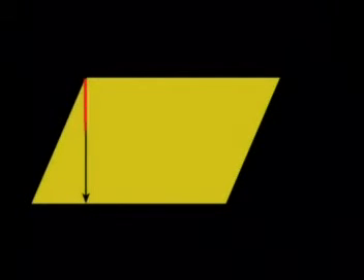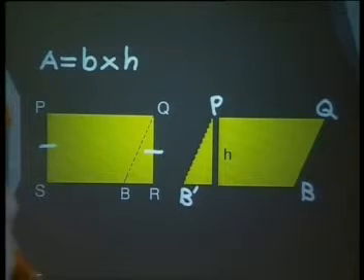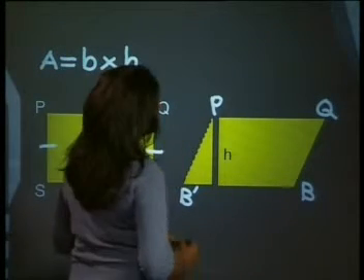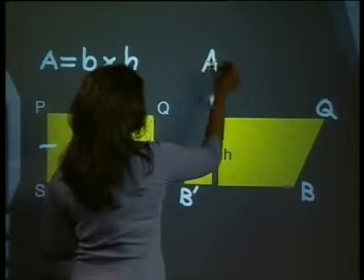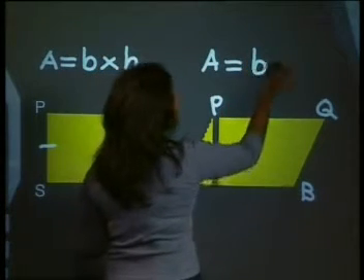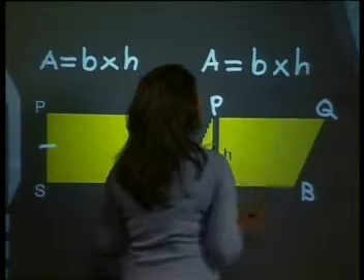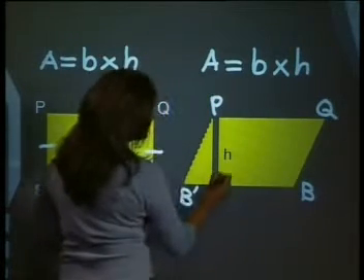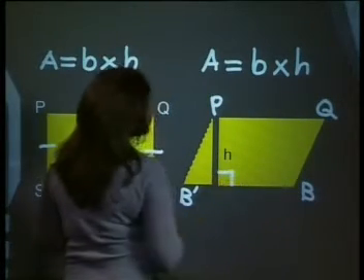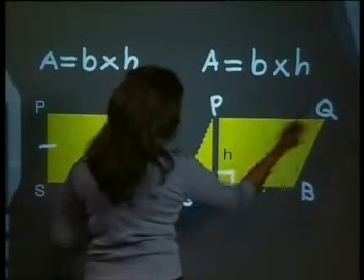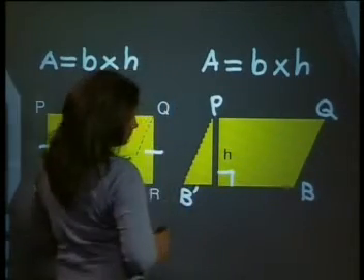The height of the rectangle also hasn't changed. So the area of the parallelogram is area is equal to base times the height, where the height is the perpendicular distance between the parallel sides PQ and B prime.